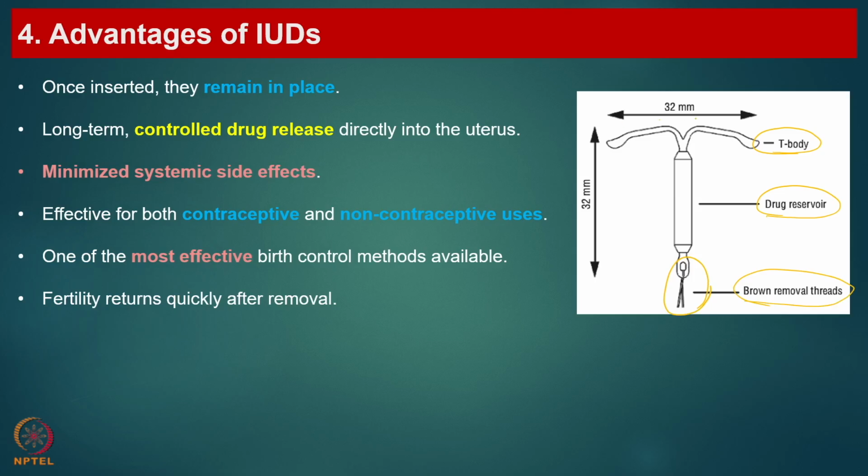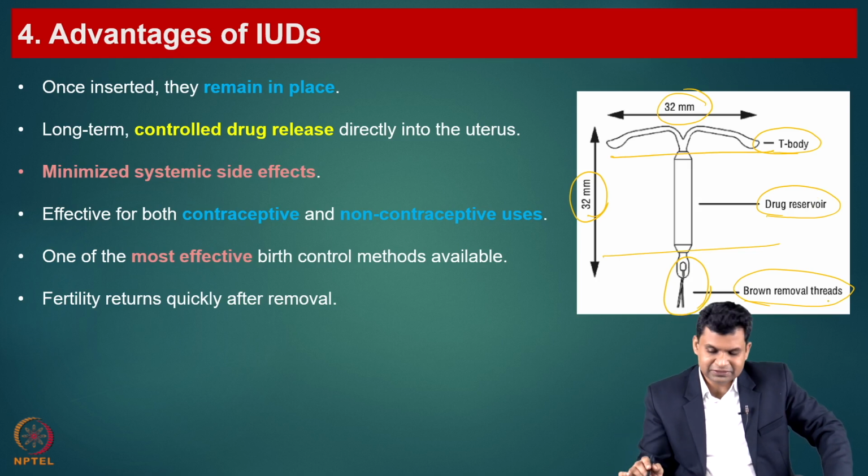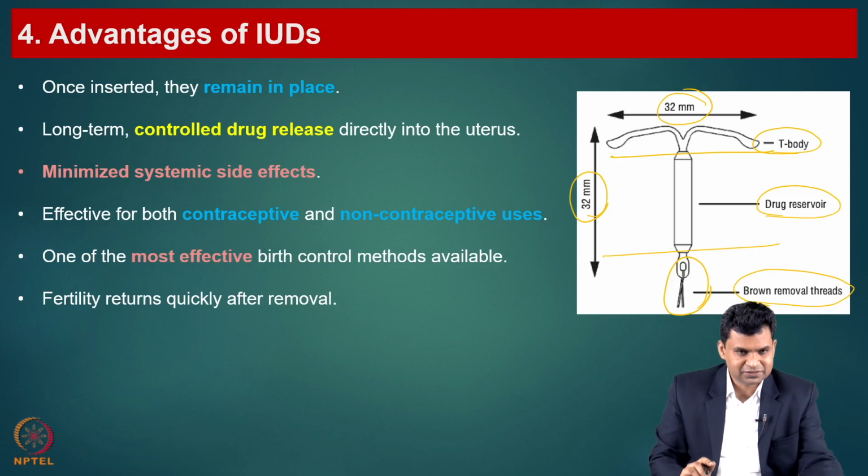Now, we can see the length and width of the device. It comes in various sizes, but the recommended size is 32. This is the T body, the main body, and there we load the drug in the drug reservoir, and the thread. It contains a total of 3 parts.